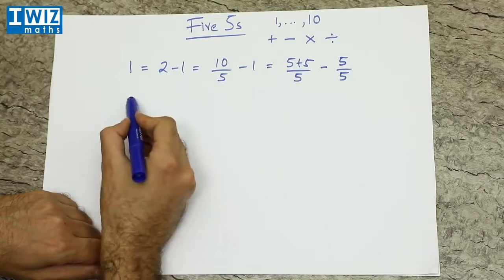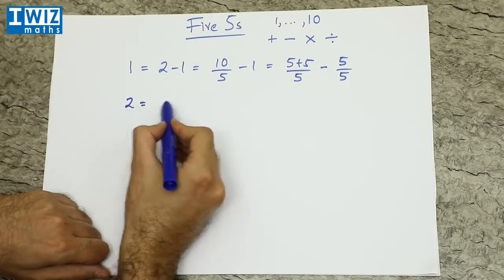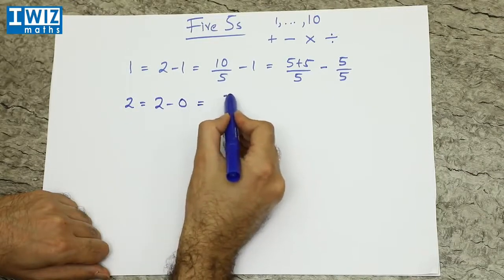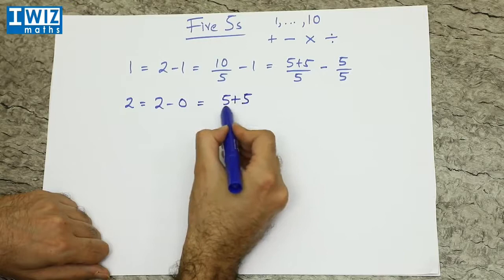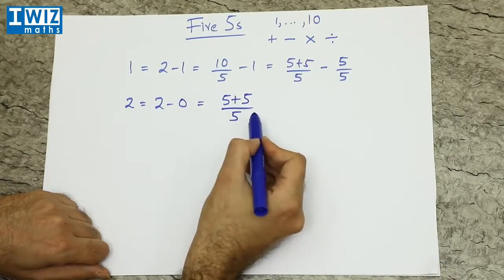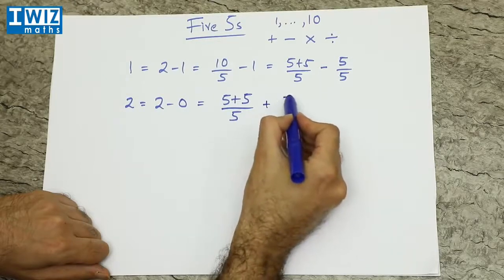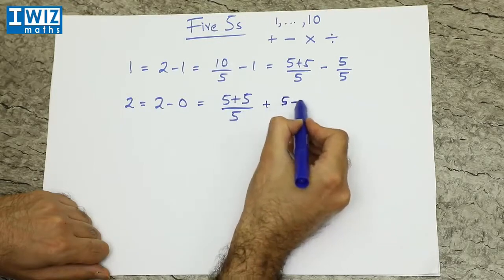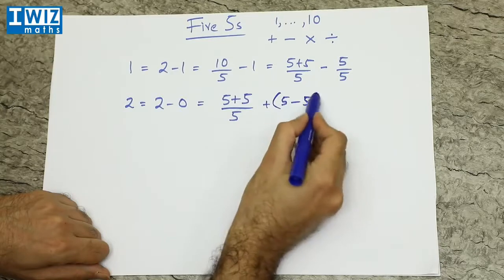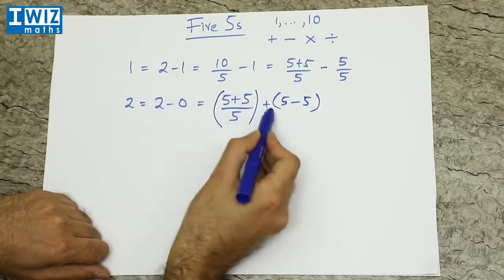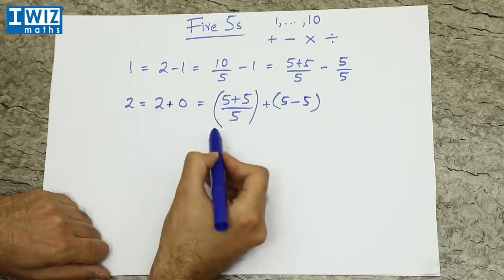So if you want to get to 2, 2 would be 2 minus 0. So that is (5 plus 5) divided by 5 plus 5 minus 5. Okay, so that can actually be either 2 plus 0 or 2 minus 0.